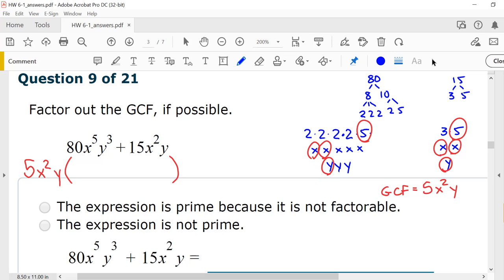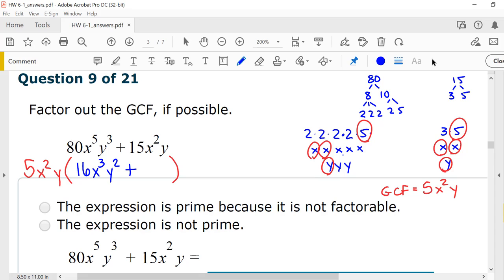All right, what's remaining? 5 times what is 80? Well, 2 times 2 times 2 times 2. So that's 16. I still have x cubed, and I still have y squared.